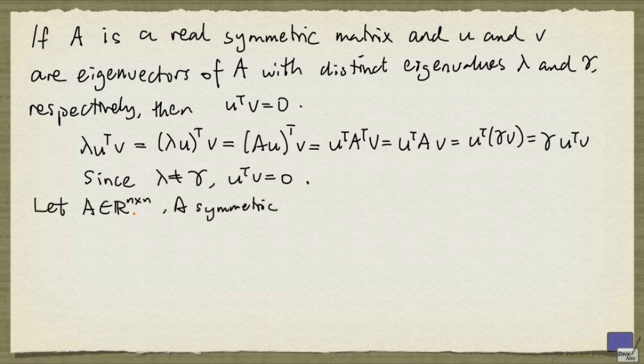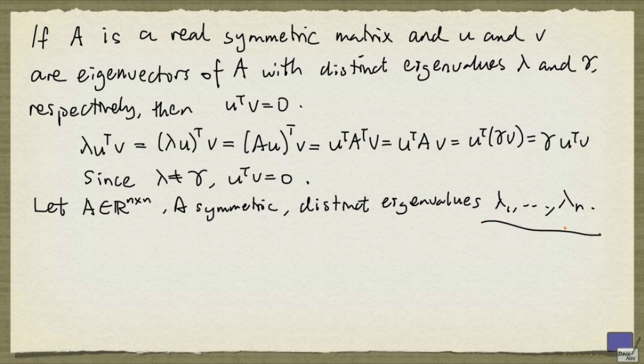Now let's take A to be a symmetric n by n matrix with real entries. And suppose that it has the eigenvalues lambda 1 to lambda n all distinct. Remember we stated earlier that real symmetric matrices have only real eigenvalues, so all these are real. And since there are exactly n eigenvalues, each eigenspace is spanned by a single vector, and we'll call that vector ui for the eigenvalue lambda i.